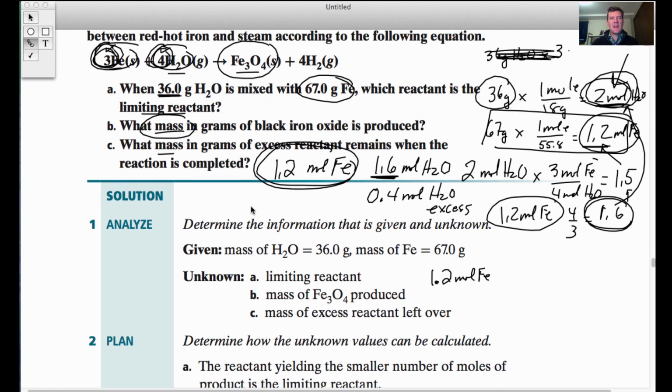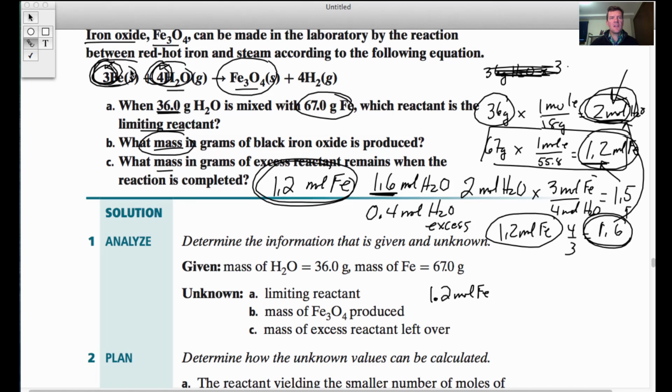And I have to go from that to moles of iron oxide. So right here, they are in a 3:1 ratio, a third. 1 mole of iron oxide for every 3 moles of the iron. And then from there, the mass, I would multiply by the molar mass of that iron oxide.